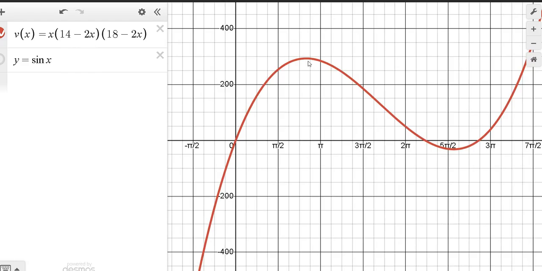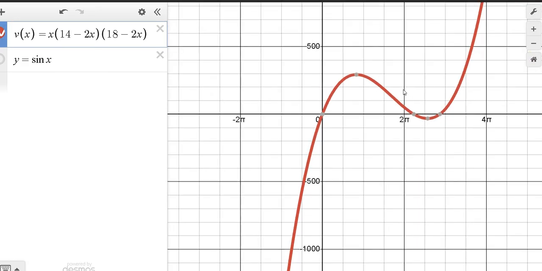Now, why are there local mins and local maxes? Well, the function actually does get bigger than this. It's just that nearby, this is the biggest thing going. So the function doesn't get any bigger than this for nearby points. Same thing over here. It doesn't get any smaller than this for nearby points.